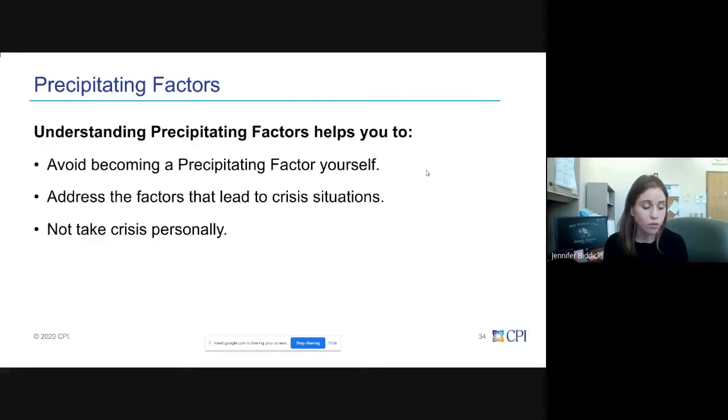It's also very helpful sometimes to understand these precipitating factors so that we don't take a crisis personally. Most of these behaviors don't have anything to do with us. And just like we all have really good days and really bad days, so do our learners. I know that it can be really easy, if you've had a challenging day, to say, oh, I'm not good at this, or this learner really doesn't like me.